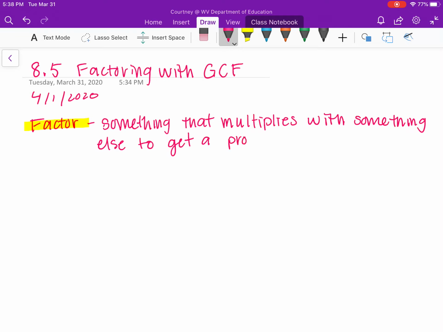And product just means an answer to a multiplication problem. Okay, so we're going to be multiplying again in this.